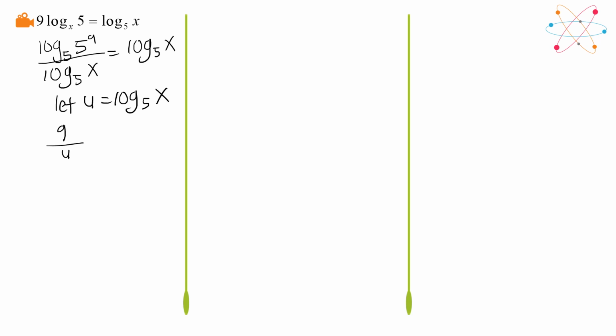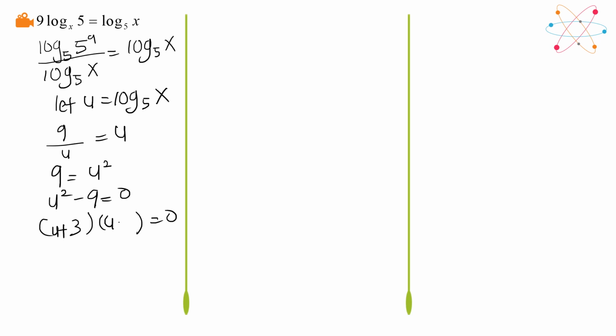Substitute, expand, make it a quadratic equation, factorize. u now is negative 3 and positive 3. Find the value of x. Change it to the indices form.